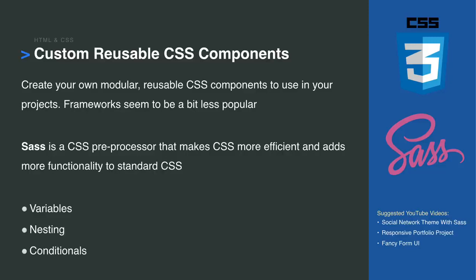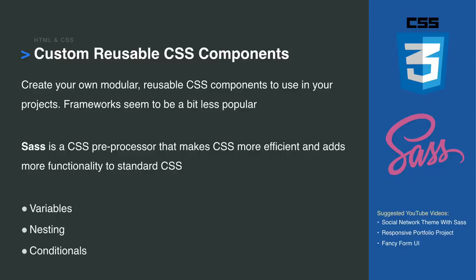And Sass, which is a CSS preprocessor, allows you to do this more efficiently. I mean, you can use variables, nesting, conditionals, functions, all types of stuff to make your CSS more efficient, quicker. You can use the DRY principle, which is don't repeat yourself, if you use inheritance and functions and stuff like that.